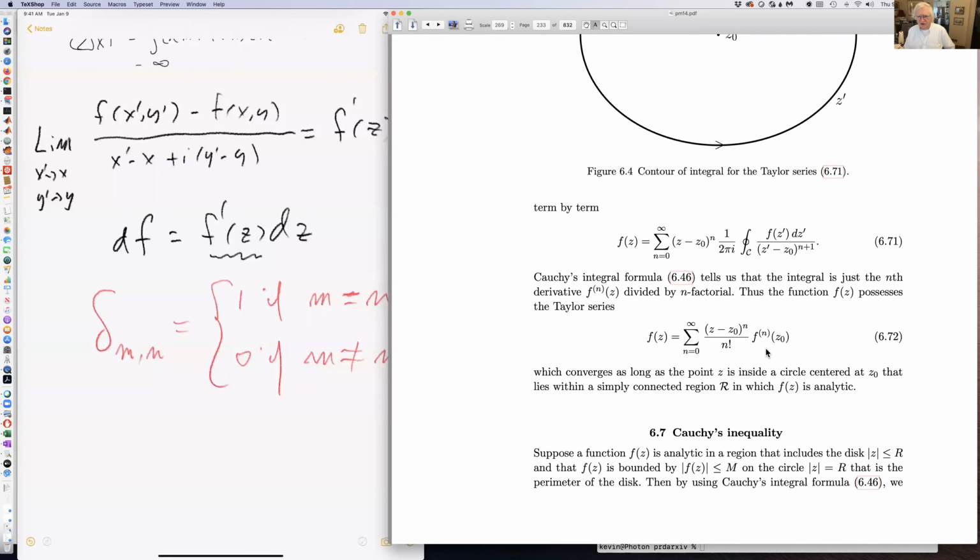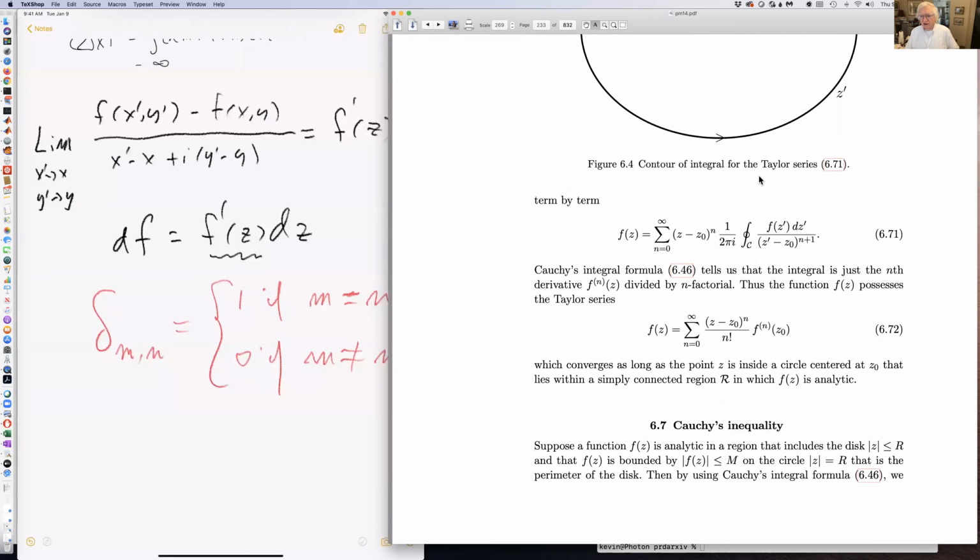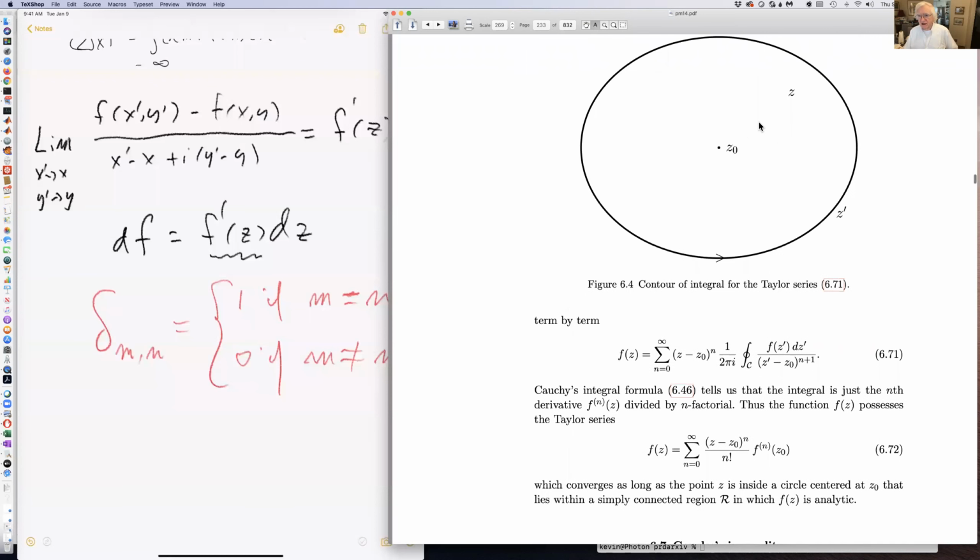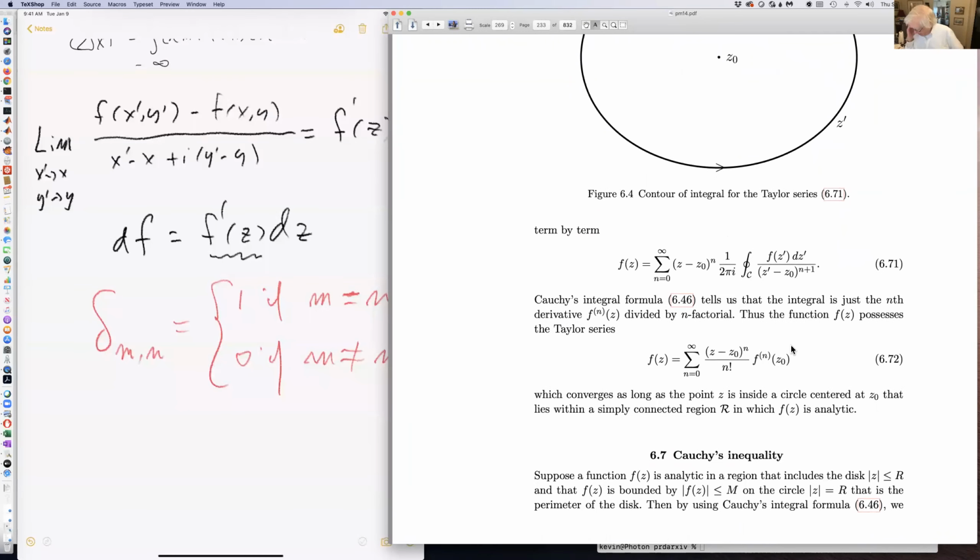In fact, I think it converges absolutely and uniformly for any z inside the circle. And these are then the nth derivatives at the origin. So that's, again, one of these remarkable results that is nothing more than a consequence of the Cauchy-Riemann equations, which is, as I said, pretty amazing.